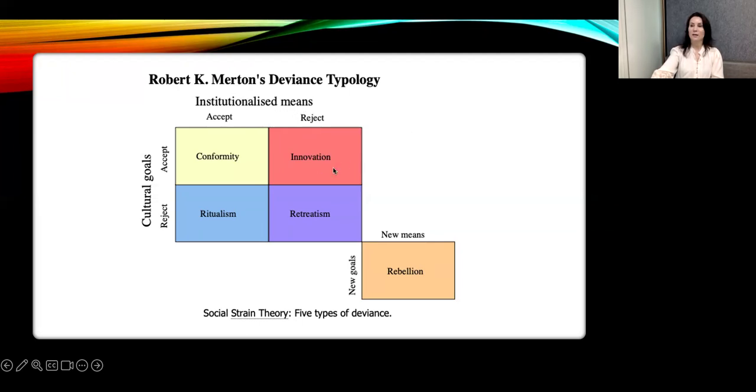Maybe they are the ones that break the rules and regulations. They come up with different things. Maybe they are the ones that do white collar crimes, or other people that, to achieve cultural goals, take an innovative way to do that.